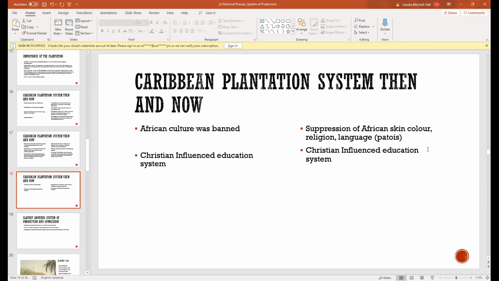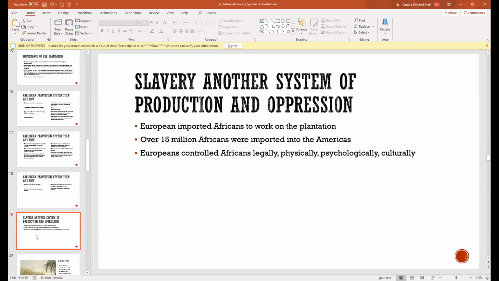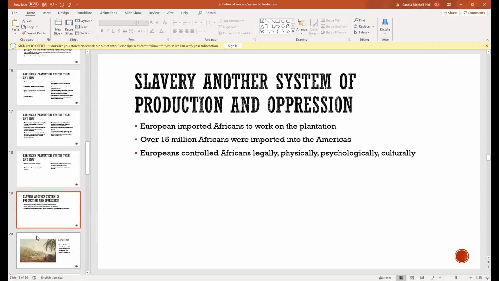And without a doubt, we know for sure that whether it is social, religious, or economic, the plantation system is still alive and well in the Caribbean. And because it is still alive and well in the Caribbean, and we have seen the various aspects of it, we know that it was an oppressive system.